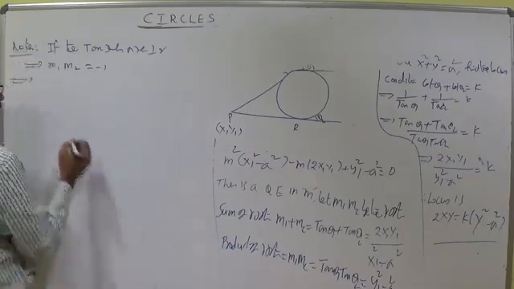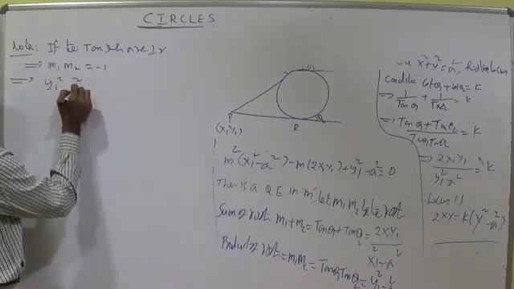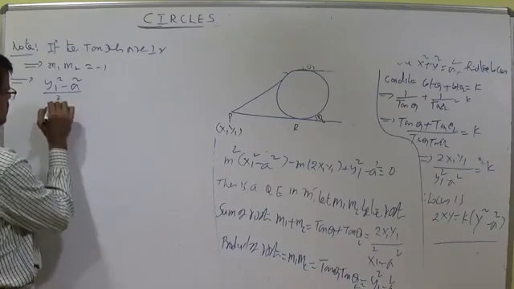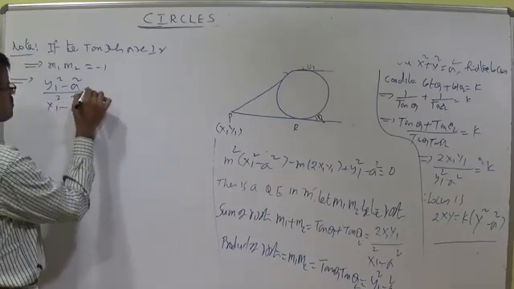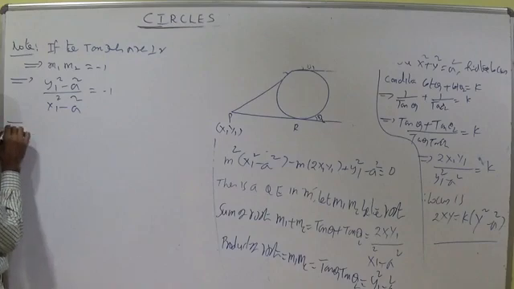Depending upon this sum, you can write (y1² − a²)/(x1² − a²) = −1.